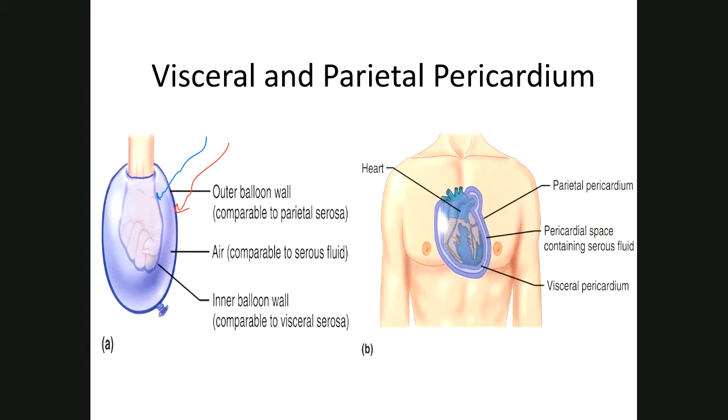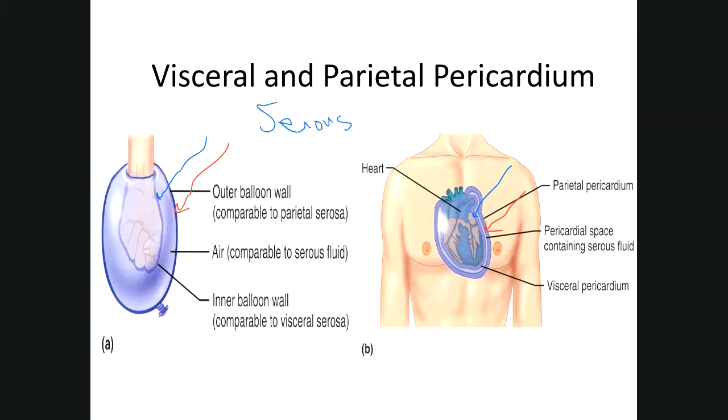Well, the heart is the same way. So look, here's the heart, and it looks like someone just shoved it down in the balloon, just like a fist. And so there's one layer that's created that touches the heart, and there's one layer that does not touch the heart. The one that touches the heart, the one that touches the fist, is called the visceral layer. So remember, this is a serous membrane.